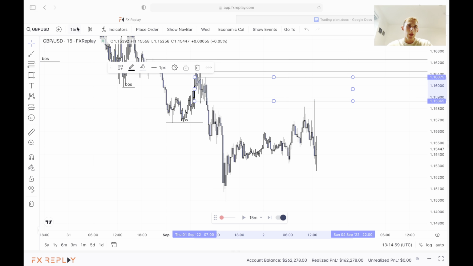Yes, but I don't really like that wick. Let's see what happens. Maybe if we get a sweep like that. Yeah, again, so correct zone, but no valid entry.